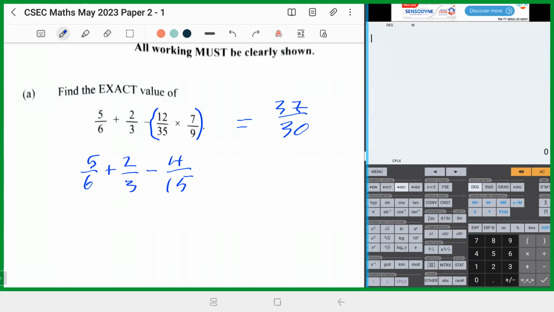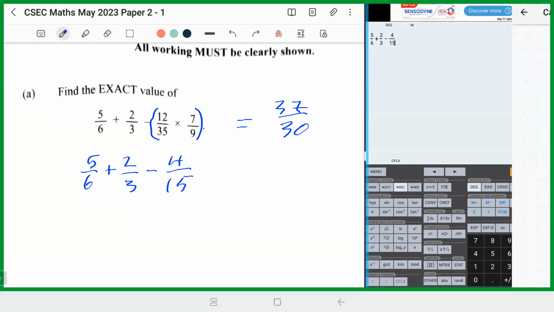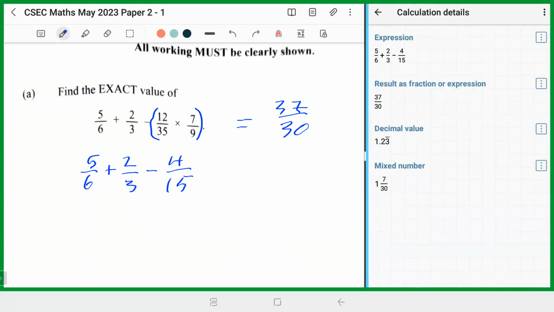And so it will be 5 over 6 plus 2/3 and then minus 4 over 15. And you will get the same answer. The same answer right here. All right, so that will be now equal to 37 over 30.